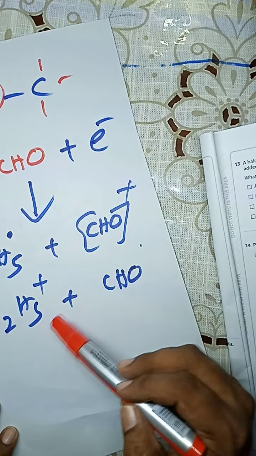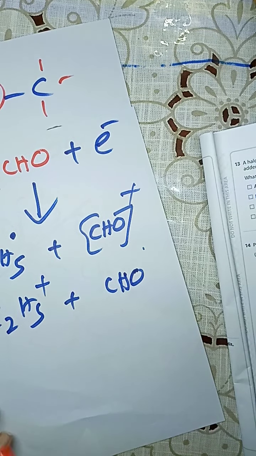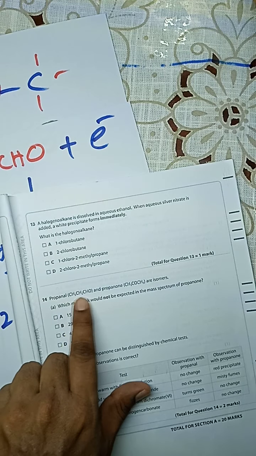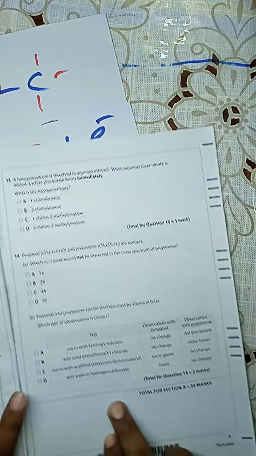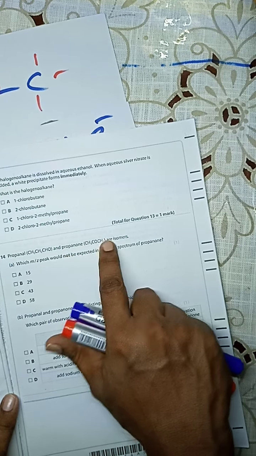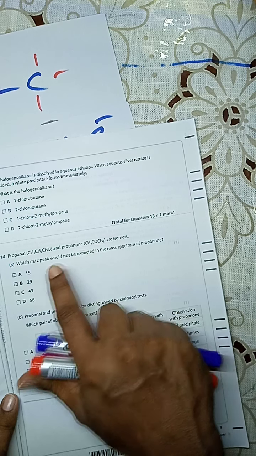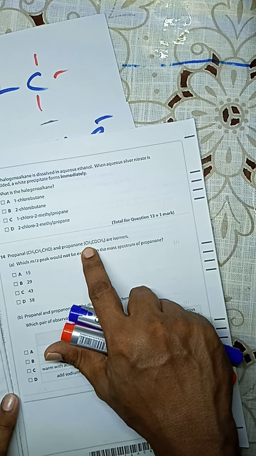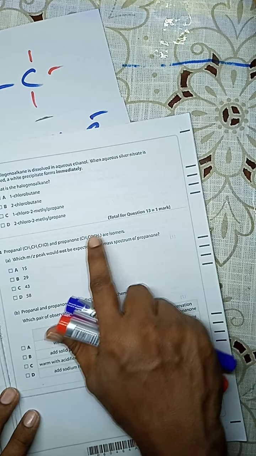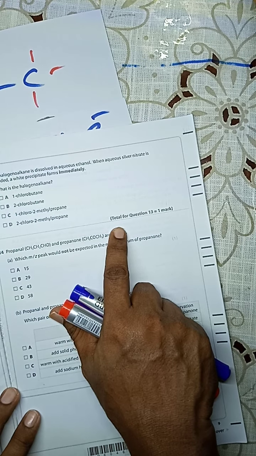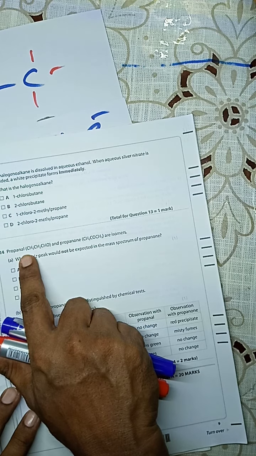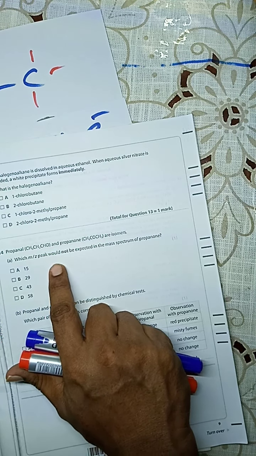It depends on the stability. Anyway, both are 29. So a 29 peak will be shown by propanal, but propanone cannot show a peak at 29 because there is no stable chemical species which can be formed by the electron bombardment. 58 is the molecular ion peak, that is common for both. So 29 will be shown only by the relevant aldehyde, propanal.